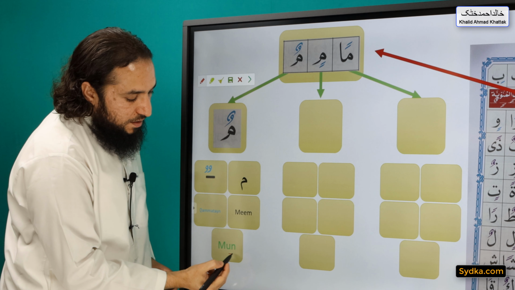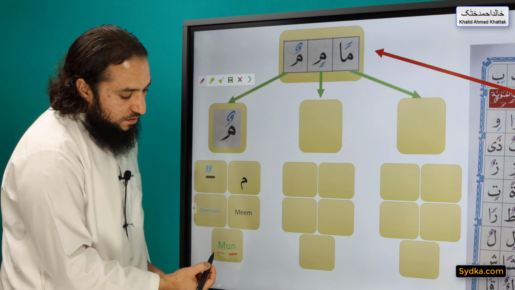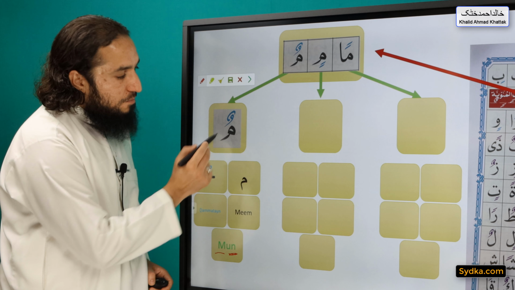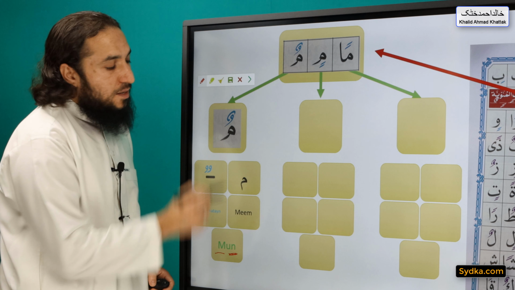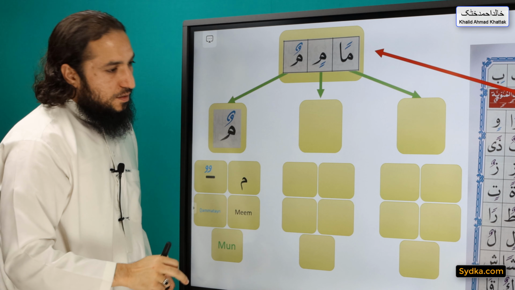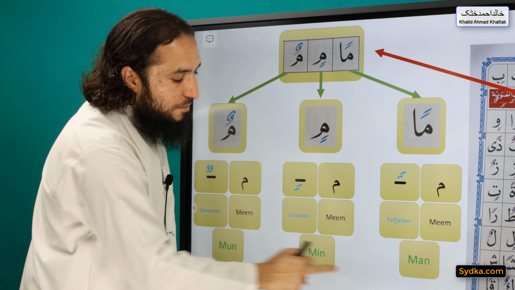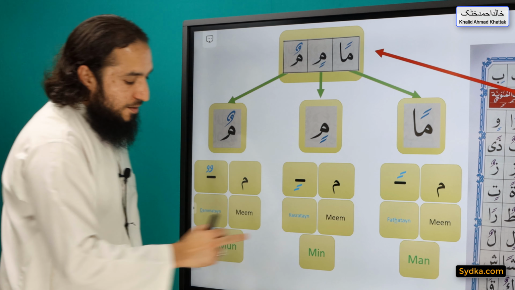The mun is actually the sound of u and un added to the mim. Mim dhammatain mun. Man, min, mun, man, min, mun.